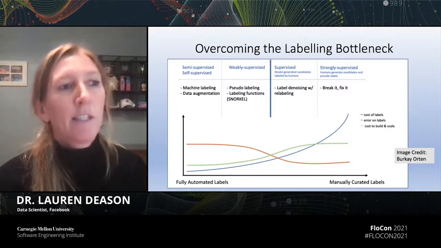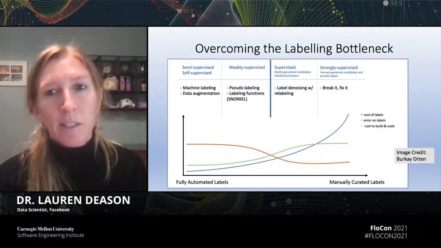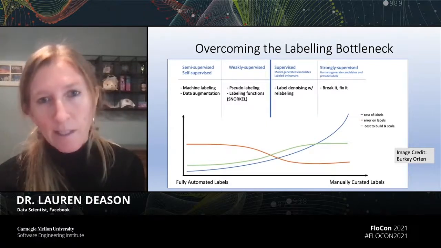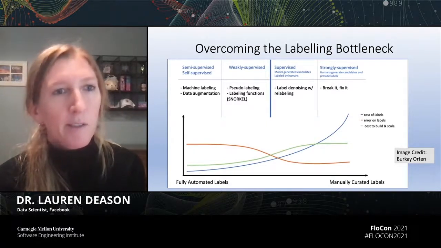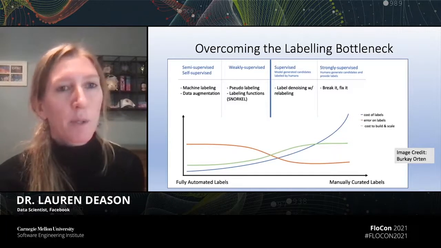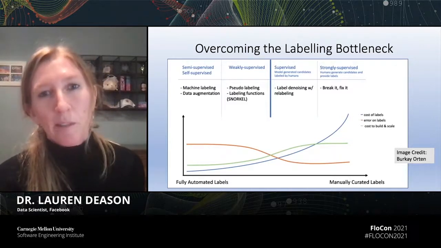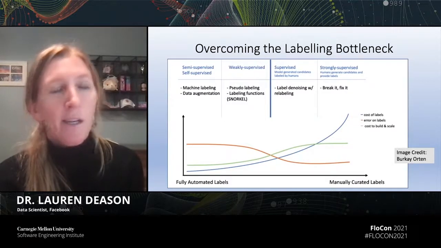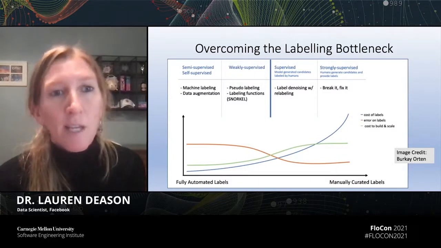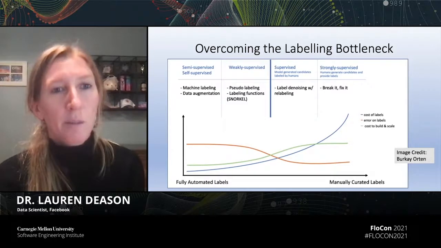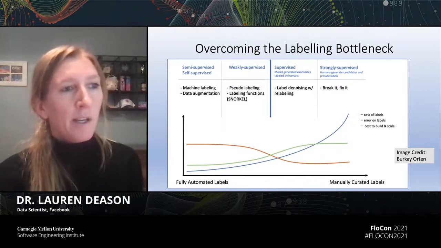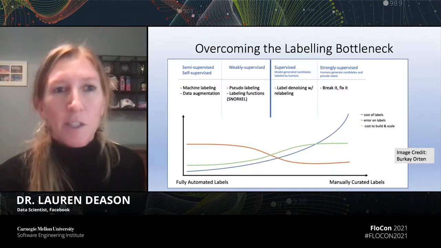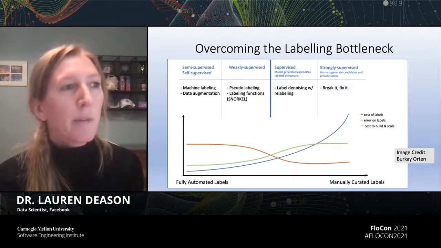That's obviously the least costly in terms of human resources, but also probably the most error prone, because we don't have a specific set of easily programmable logic to correctly label all of the samples. Otherwise, we wouldn't need a machine learning algorithm to begin with, right?